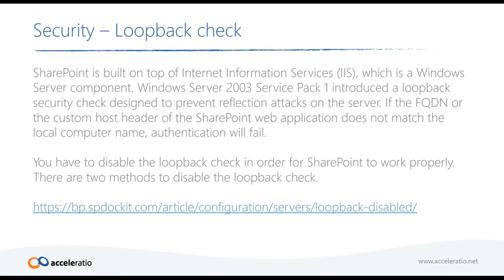So there are two methods outlined in this article for how you can prevent that. You can configure your server to ignore these requests and allow people to connect to the same service. So if you are running SharePoint on a server, you need to make sure that this is configured correctly.